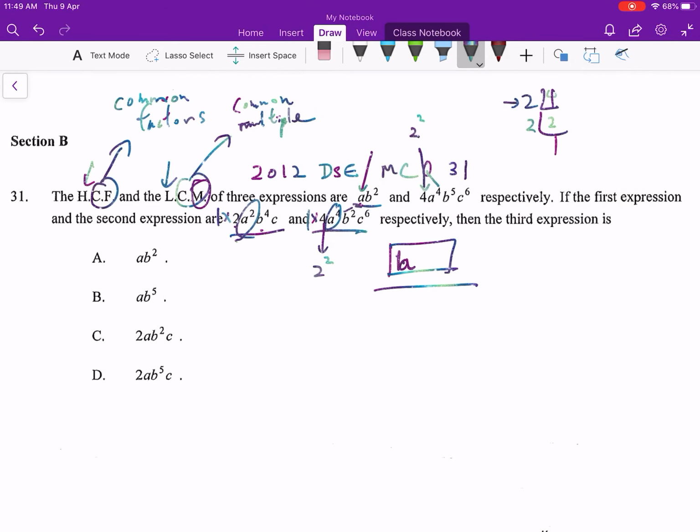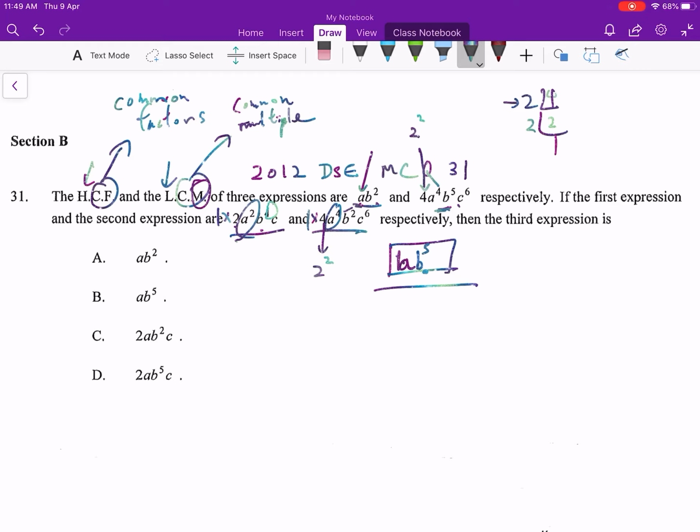For the B, I have B squared here and B to the power 5 here. We just have B to the power 4 here. How can you take out B to the power 5 if your index is not 5 for this one? So I know that the highest index for this one is 5. In order to do so, I can take a common multiple of B to the power 5, okay?